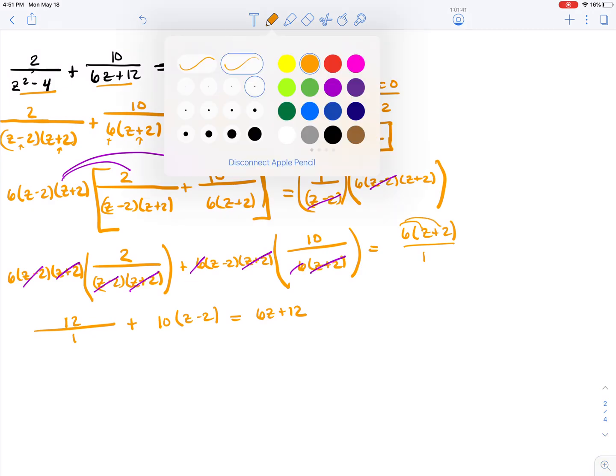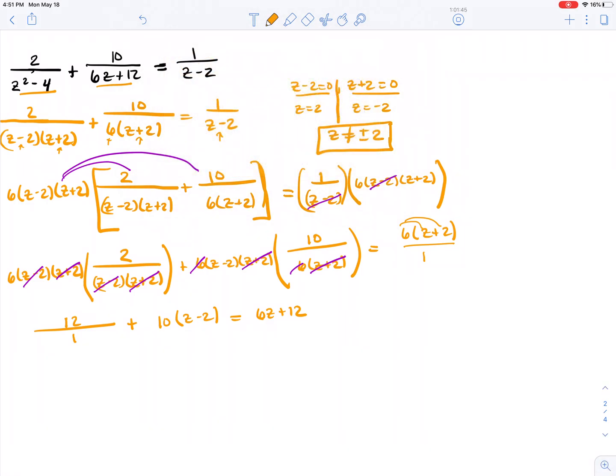So let's start collecting our z's on one side and our numbers on the other. So I have 12 plus 10z minus 20 equals 6z plus 12. I'm going to move my 6z over here and all my numbers to the other side. So I have 10z minus 6z.